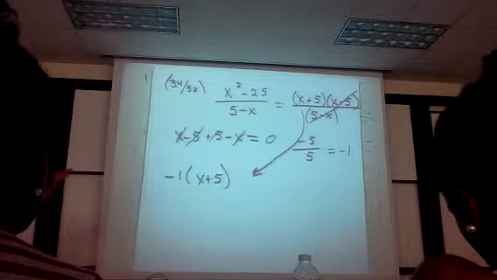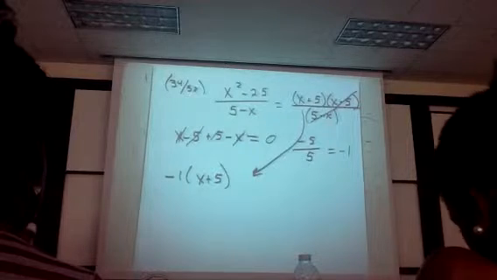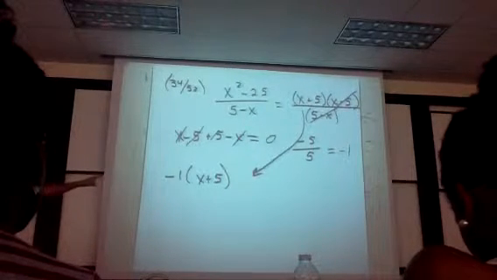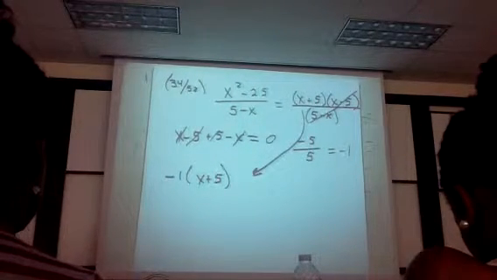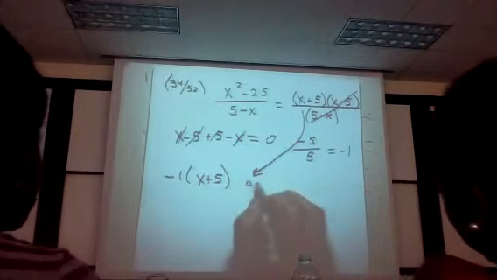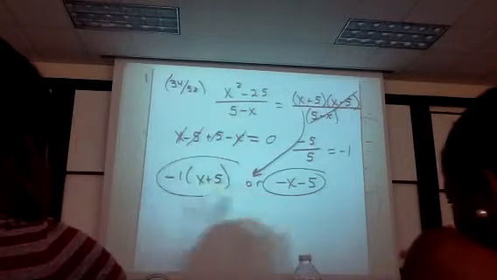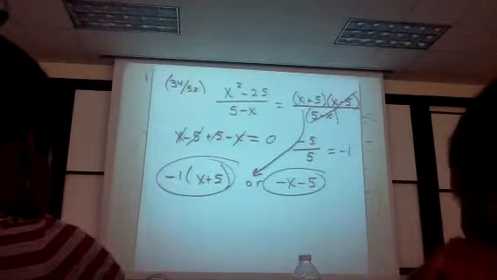So what I do, I cancel the opposites and introduce the factor of negative 1. Why? Because a number over its opposite is equal to negative 1. And you could write this like that, or you could write it just negative x. Either one of those would be sufficient.